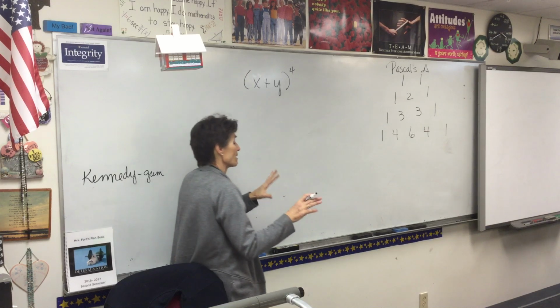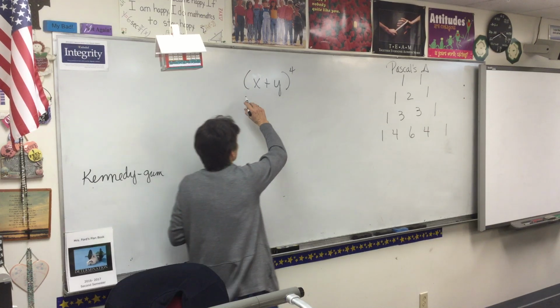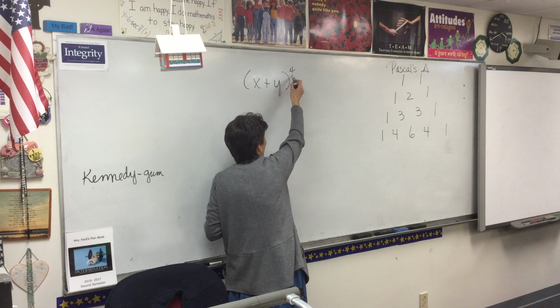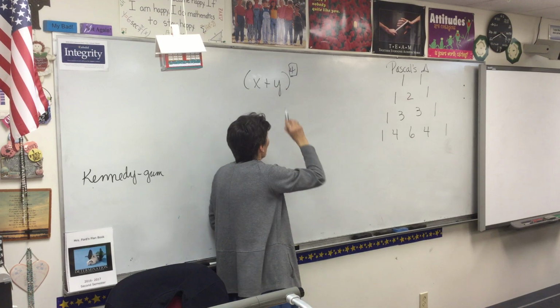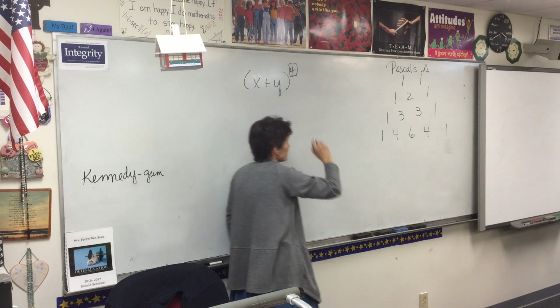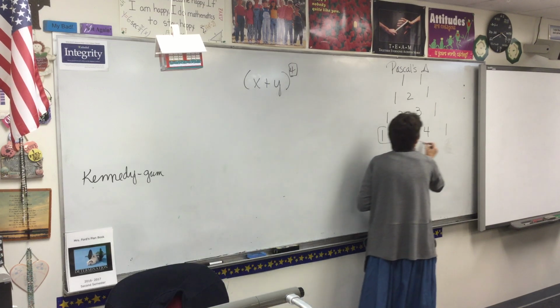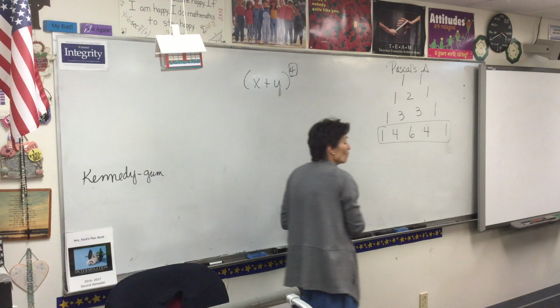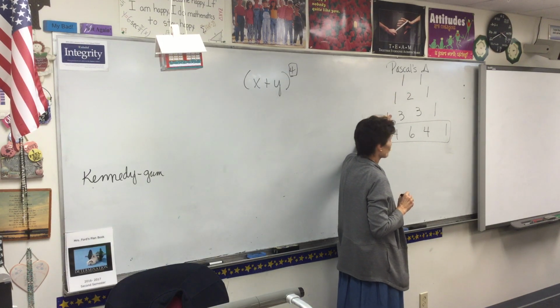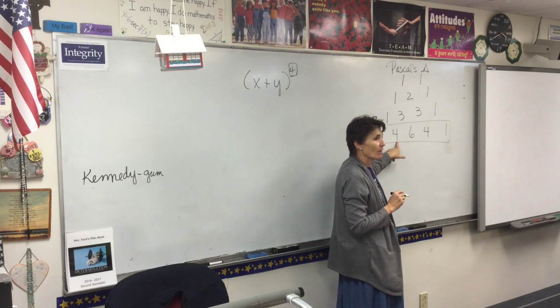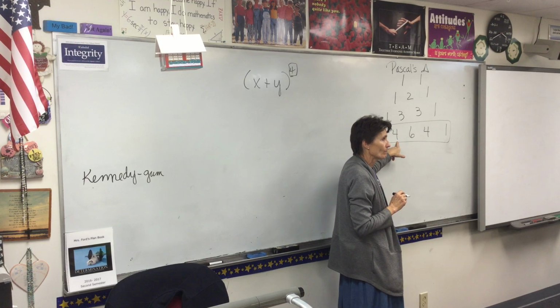Here is what we're using it for. When we're expanding to the fourth power, this number right here is important. Whatever power that is, that is the row of numbers I want you to write down. So here's row 1, 2, 3, 4. You can tell that from the second number in the row.